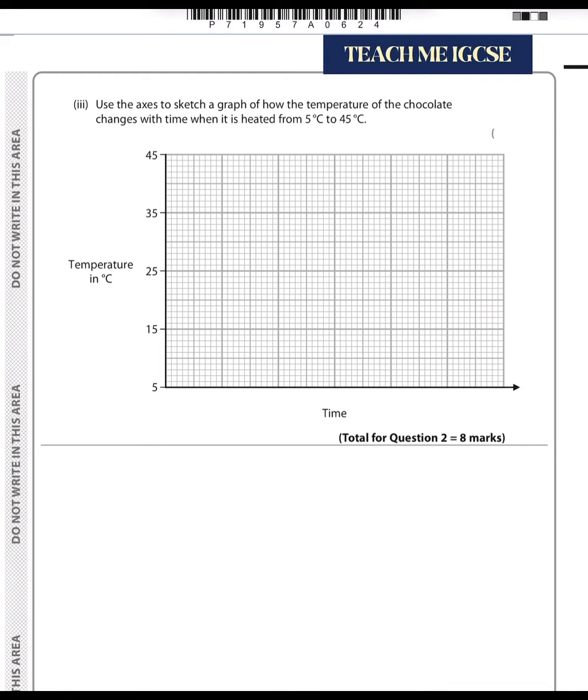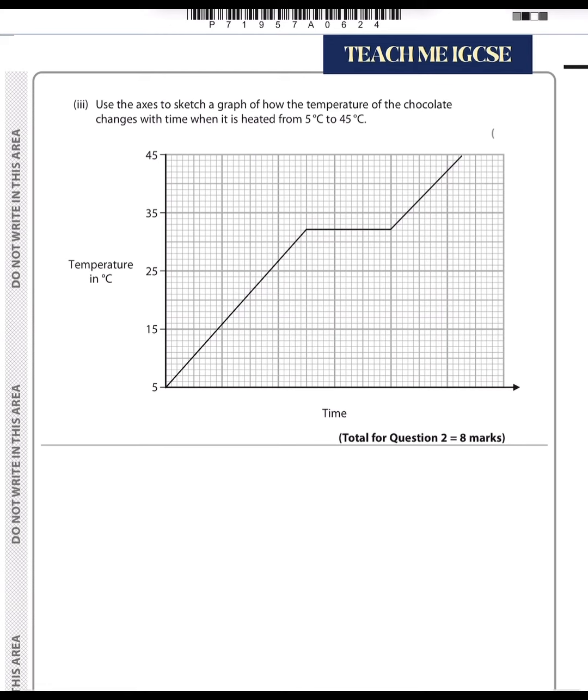So from 5, we can draw a direct straight line until 32 and just estimate approximately the time, use up most of the graph. And we have to draw a flat line from 32 here like this to show that it is changing state. And then we draw another direct line up to 45.